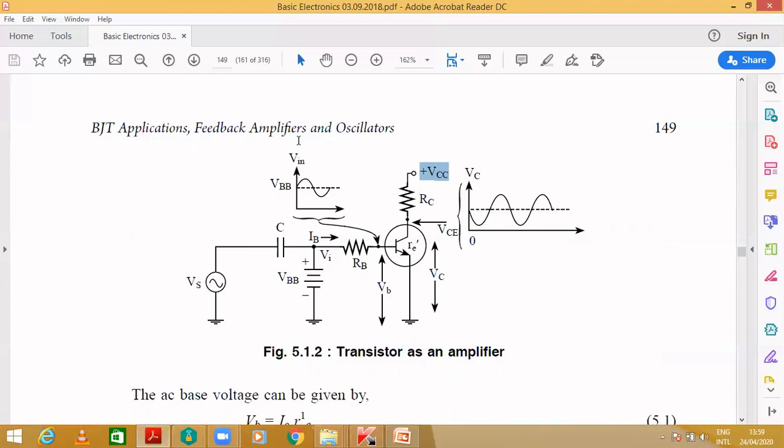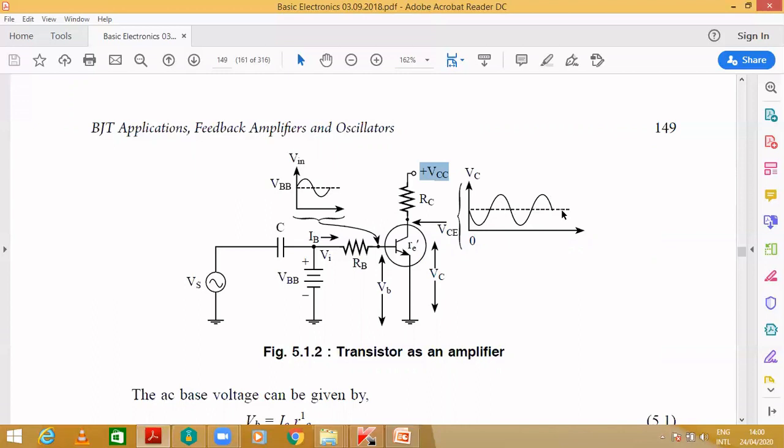So you are giving the input signal like this, and you are getting an inverted form. Why? Because you are using a CE amplifier. I already stressed that the characteristic of a CE amplifier is a 180-degree phase shift.